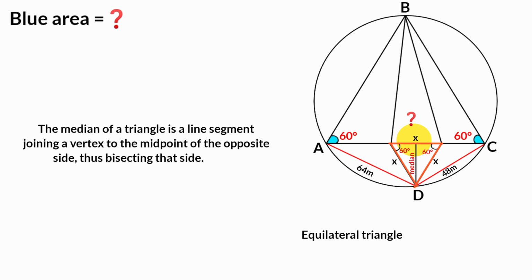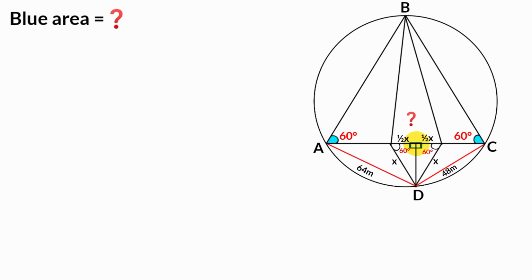So since its whole length is x, this part and this part must be half x each. Another thing we should know is that when it comes to an equilateral triangle, its median from all the vertices is perpendicular to the side it bisects. Therefore, this median is perpendicular to this side. So this angle is a right angle.